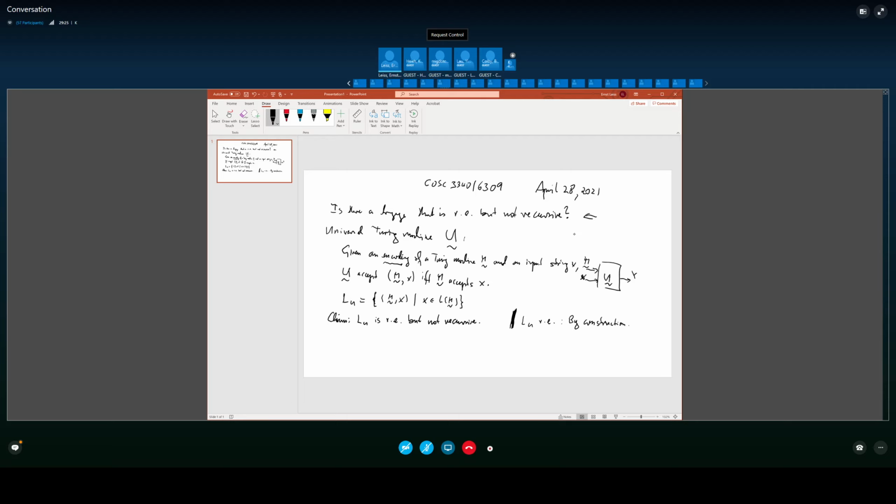Because there is a Turing machine that defines L sub U, it follows that L sub U is recursively enumerable.